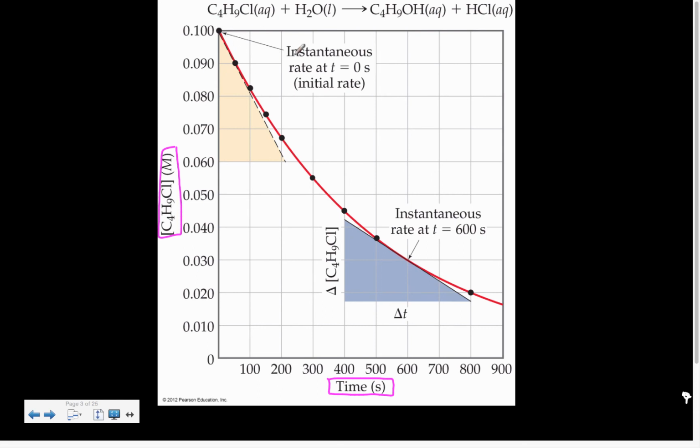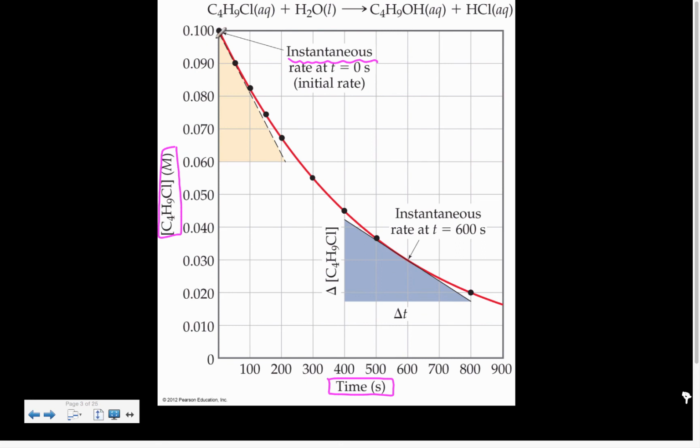One, instantaneous rates, so the rate at a given time, the rate at t0, or the rate at t100, or the rate at t200, 300, 400, etc., is always going to be the slope of the tangent. When I have a concentration versus time graph, the instantaneous rate is the slope of the tangent. So the tangent line, you do the triangle, rise over run, and that will give you the instantaneous rate at a given time.